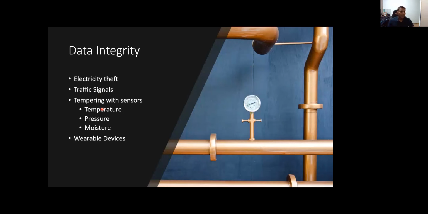Then you have some sensors, temperature, pressure, and moisture, for example, in a nuclear power plant or somewhere where temperature is very important. For example, there is a meat processing plant which needs to keep the temperature within some optimal range. If an attacker gets access to the temperature sensors, they can cause the meat to go bad.